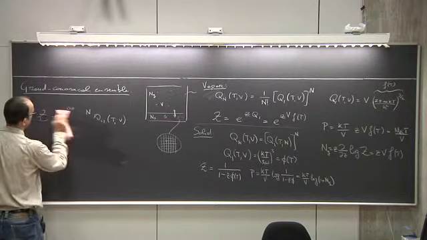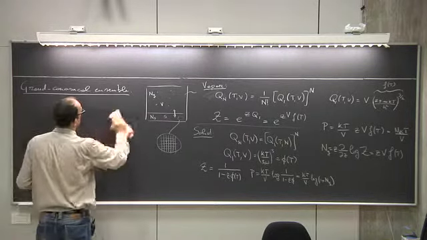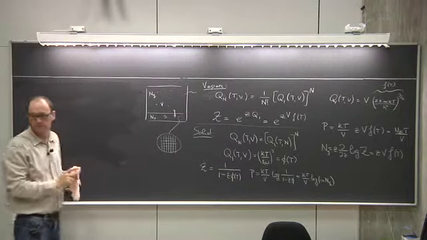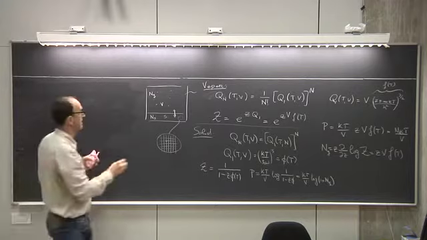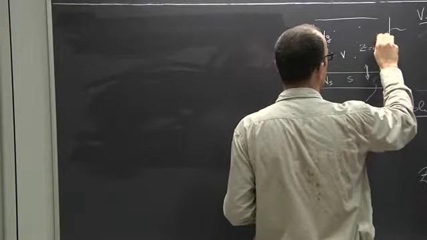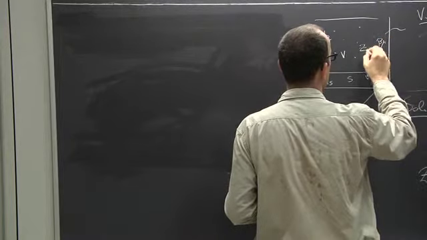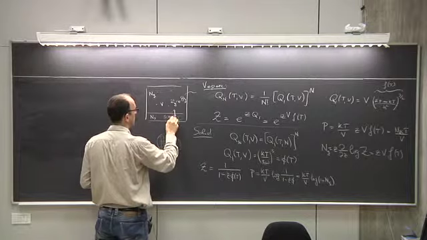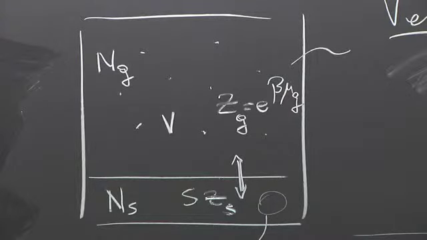Very good. So this means that the fugacity must be equal. The fugacity, which is e to the beta times mu in the gas, must be equal to the fugacity in the solid. Okay?